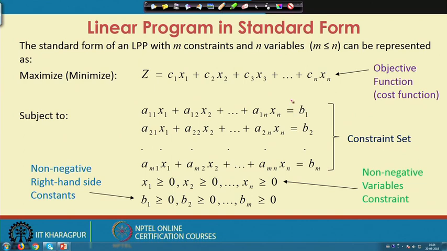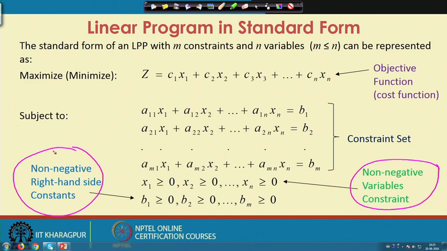b 1, b 2 up to b m represents the right hand side part of the constraints. x 1 greater or equal to 0, x 2 greater or equal to 0 up to x n greater or equal to 0 represents non-negative variable constraints, and b 1 greater or equal to 0, b 2 greater or equal to 0 up to b m greater or equal to 0 represents non-negative right hand side constraints.